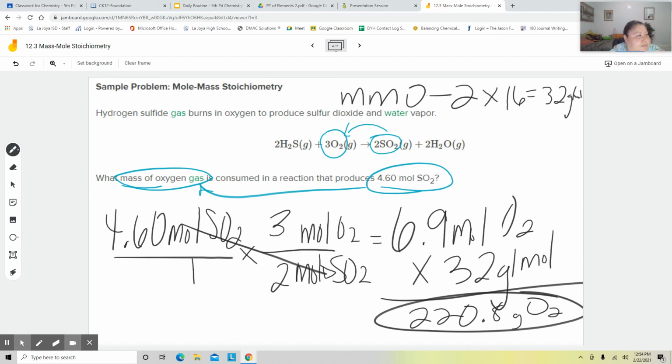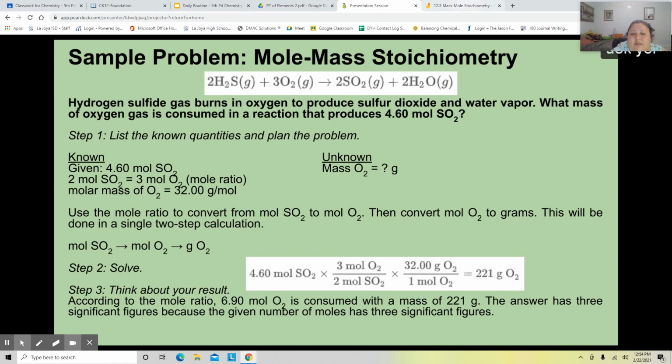The more you practice, the easier it gets. All right, there's the answer, 220.21. They rounded. It's all about sig figs. We're not so concerned about sig figs.